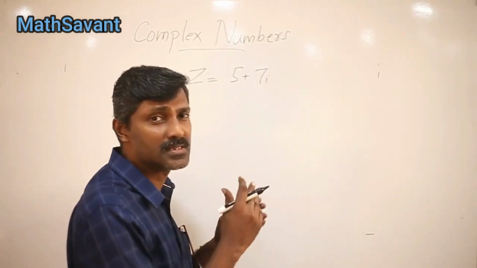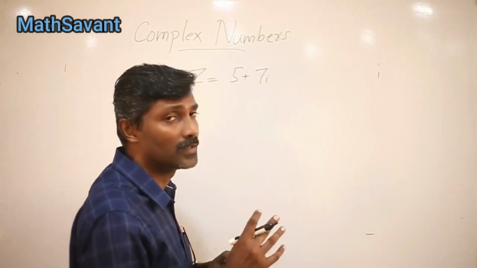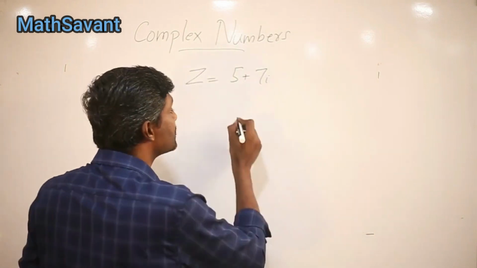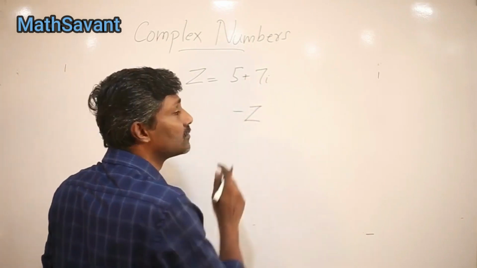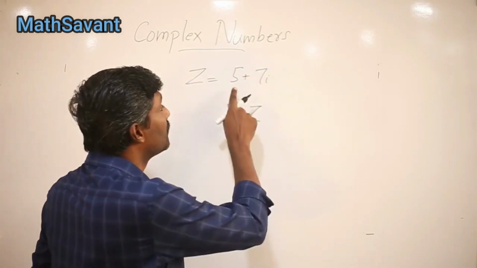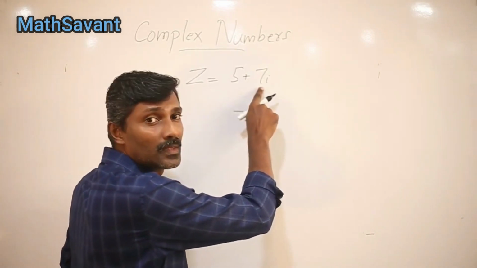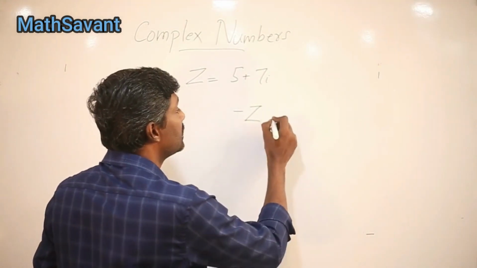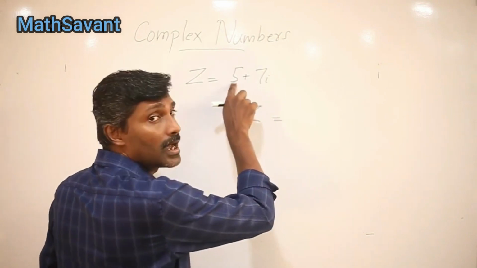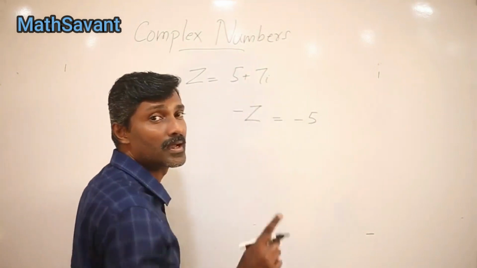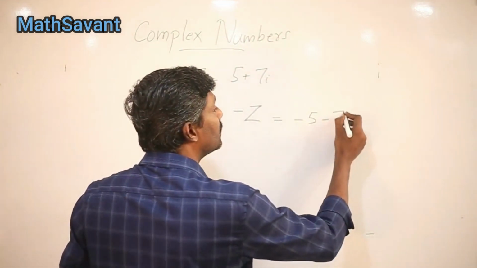So just change the signs and you will get the answer. We know that the additive inverse of Z is minus Z. So putting minus to each of these terms, 5 becomes minus 5 and 7i becomes minus 7i.